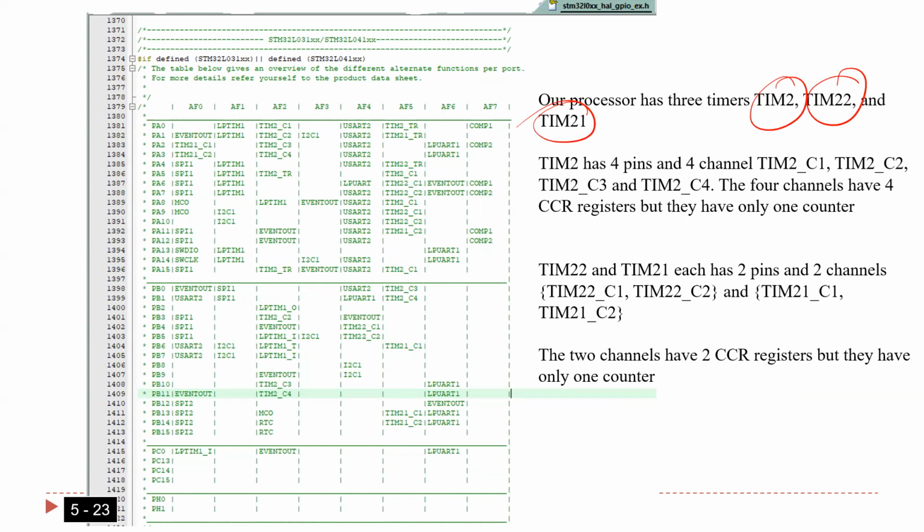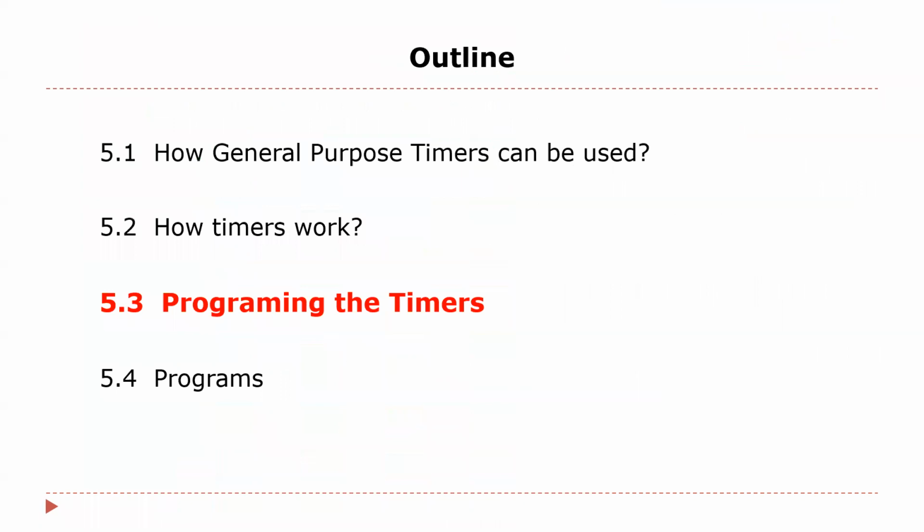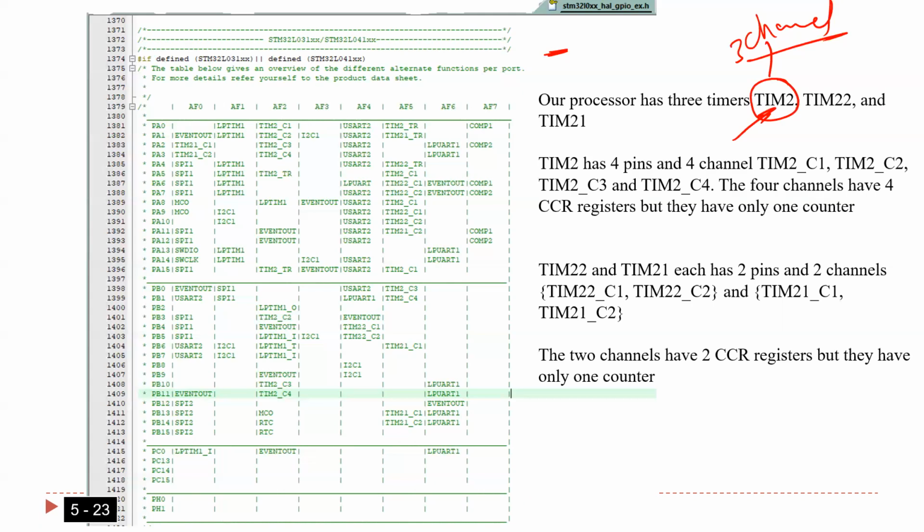Every one of them is independent, separate. You get what I'm saying? Not only that, for timer 2, we have 3 channels, and every channel has 1 pin. Anyway, I'm going to explain it next time. I don't want to take more time.